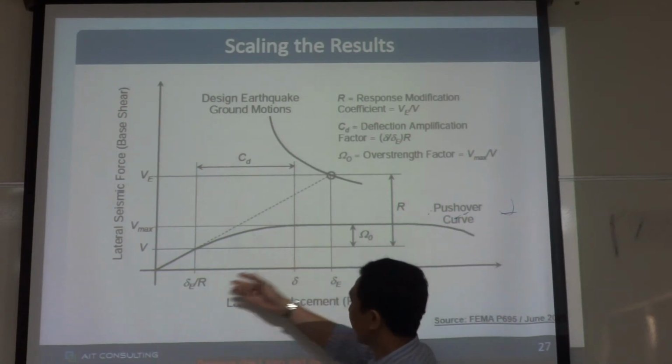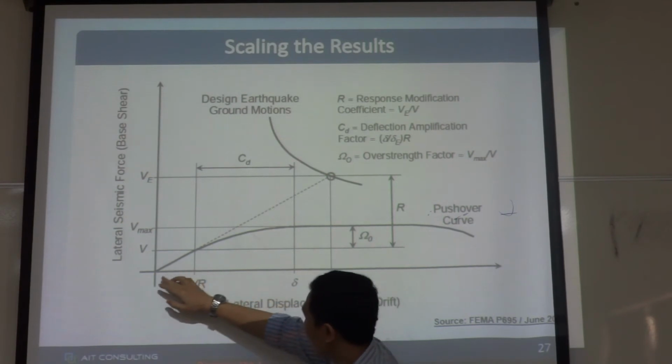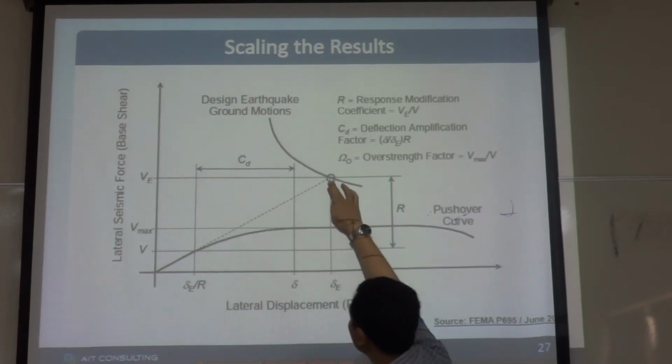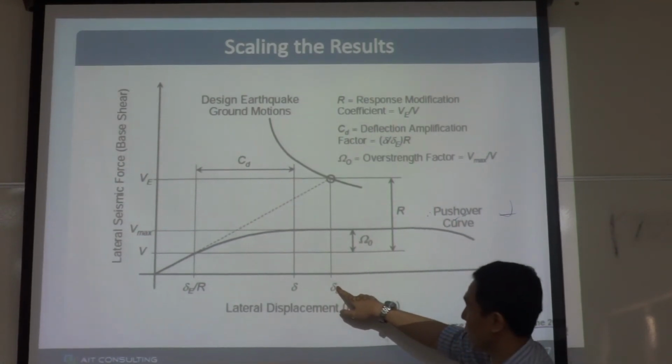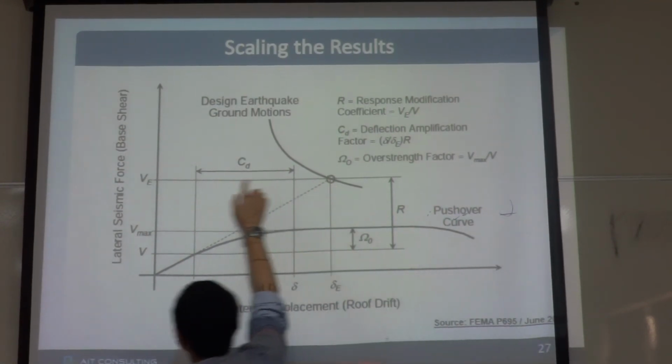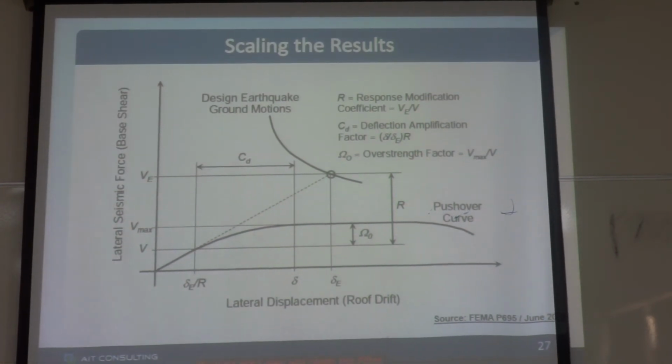When you run response spectrum without scaling, your structure will behave elastically here. This is the elastic displacement of the structure, and this is the elastic base shear of the building.